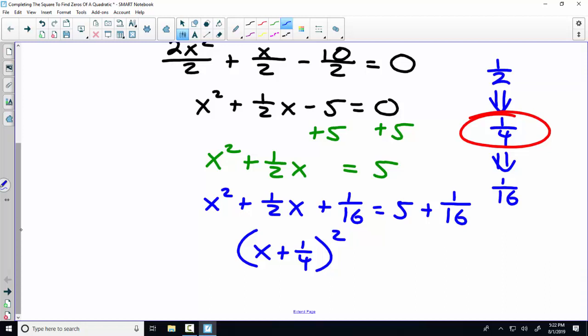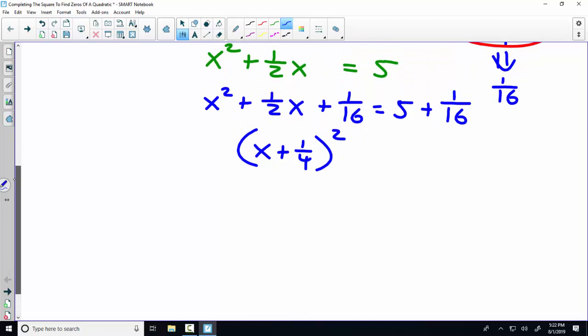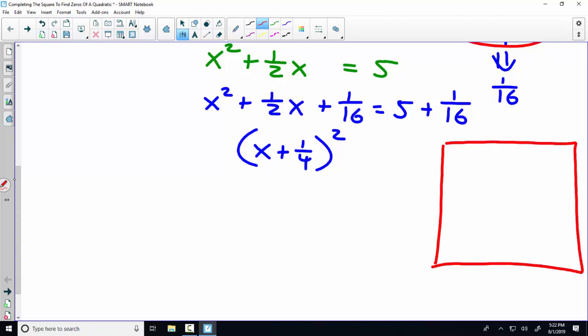On this right-hand side, we have to do a little bit of work because we have to combine the 5 and the 1/16 into one term. So what we're going to do is a little scratch work off to the side. And we know that 5 is the same thing as 5/1. If we want a common denominator, then we have to multiply both the top and the bottom of that fraction by 16.